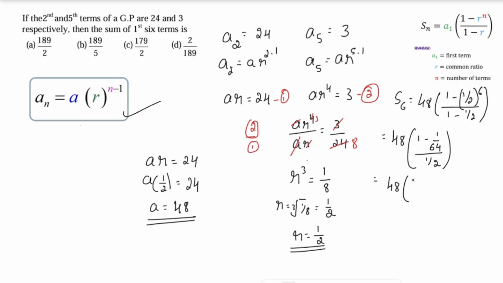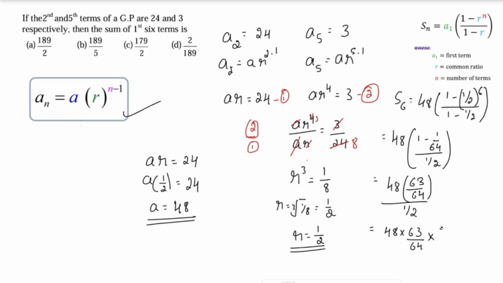So after taking LCM, we get 63 by 64 whole divided by 1 by 2. So we'll take the reciprocal. So we end up getting 48 into 63 by 64.